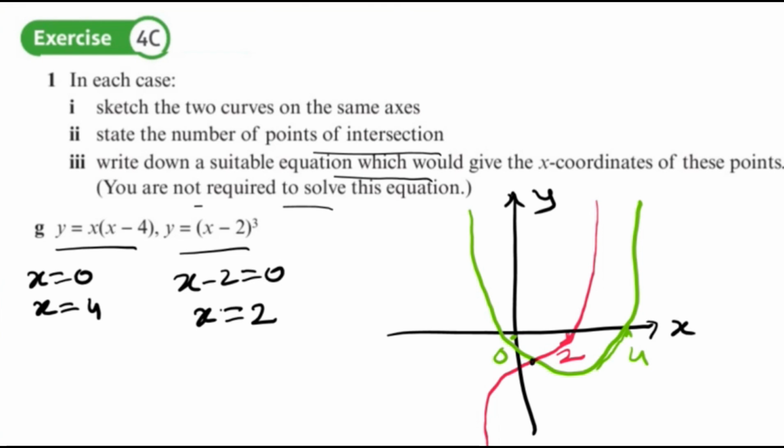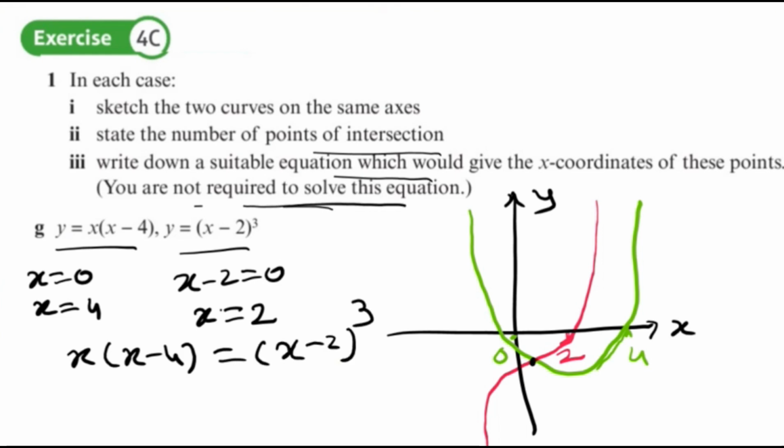As you can see, we have only one intersection point here. So the number of points of intersection is 1. And to write the equation, I can write x(x - 4) equal to (x - 2) cubed. We don't have to solve this equation. So this is our required equation. This is the answer to your part C.